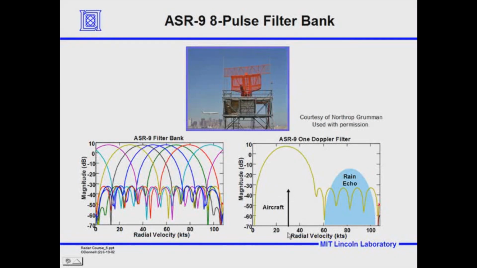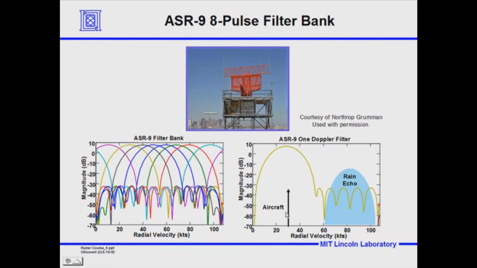So the target is right here. And then we have rain echoes, which seem to be coming from 60 to 100 knots. Well, it turns out this is minus 20 knots, which folds down in this visualization of the radial velocity into plus 80. And you'll see an example when we talk about blind speeds and ambiguous velocity measurements, these folding over effects.